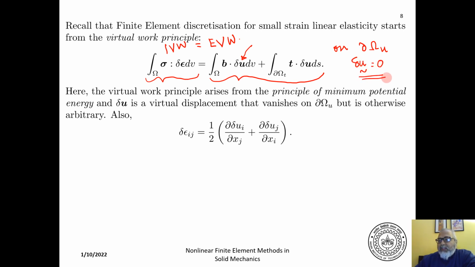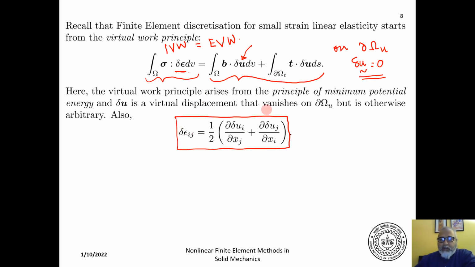That is the only condition that we impose on delta U, and based on that delta U, we calculate delta epsilon using this. So delta epsilon is the strain tensor, small strain tensor calculated, the virtual small strain tensor calculated using the virtual displacement field, in exactly the same way as the real displacement field is used to calculate the real strain, small strain tensor.